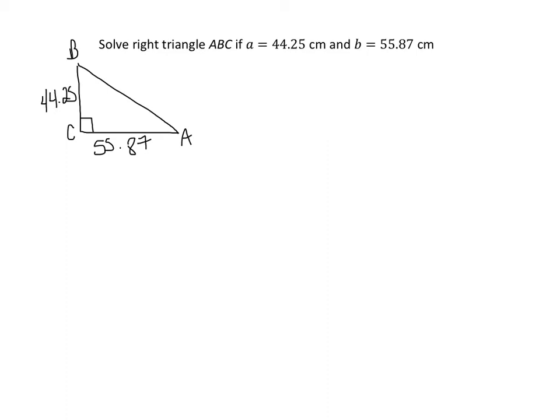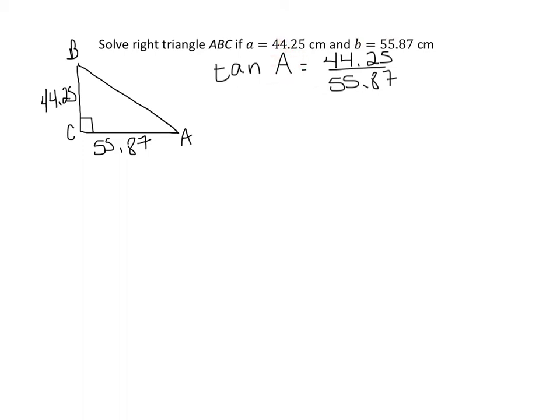So let's start off by finding angle A. If I look at what I've got, here's angle A. I've got opposite and adjacent, which means that I will be looking at the tangent of angle A. In this case, I've got a ratio and no angle.